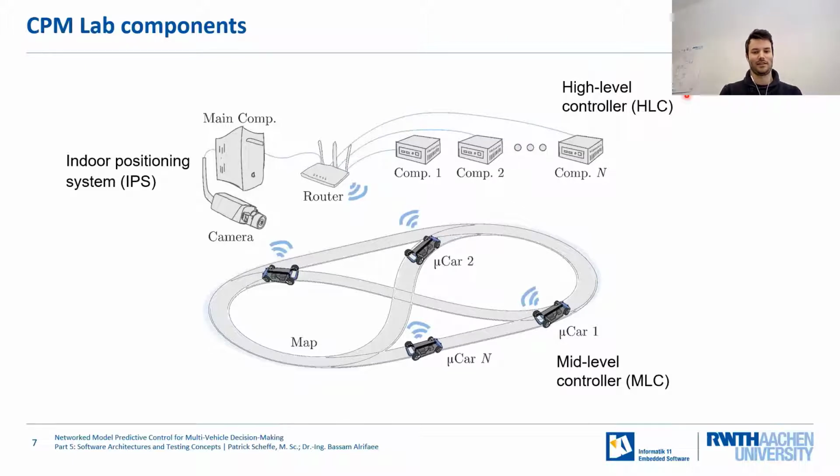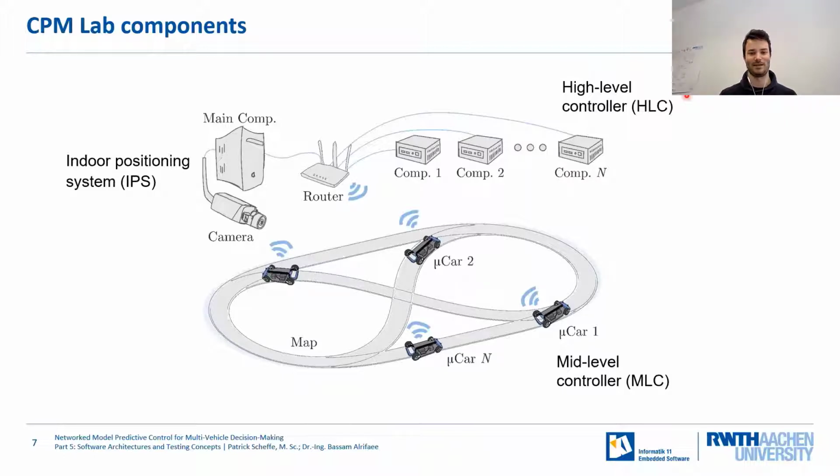These are responsible for planning trajectories, usually, in our case. This is kind of a specialty in our lab. Usually you would have a high-level controller mounted on your platform. For example, if you have an autonomous car, you have a large computer in the trunk or something like that.